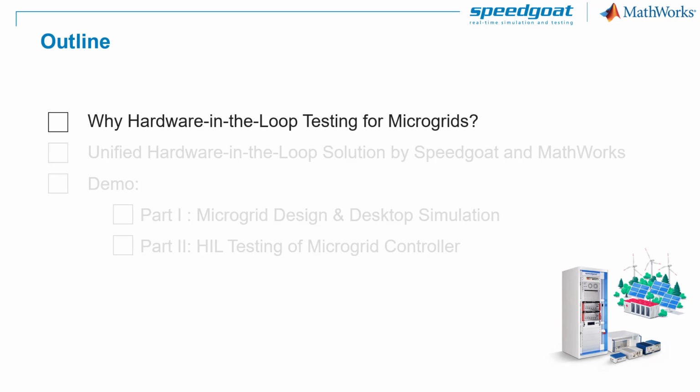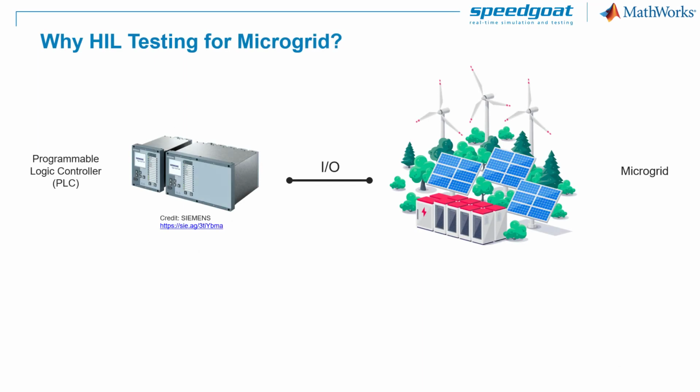So why do we want to use hardware-in-a-loop for microgrids? What are the benefits? Let's say your company is designing a microgrid, either the entire system or just adding some power generation sources into the current system. And your team's responsibility is to design a PLC control system for the supervisory controls.